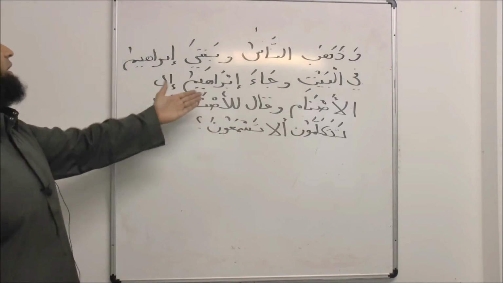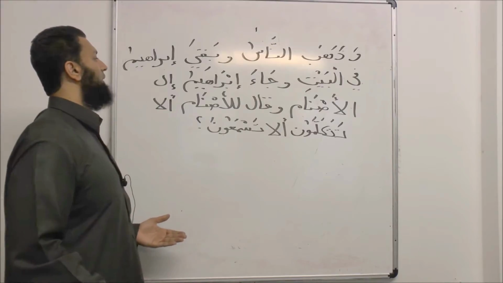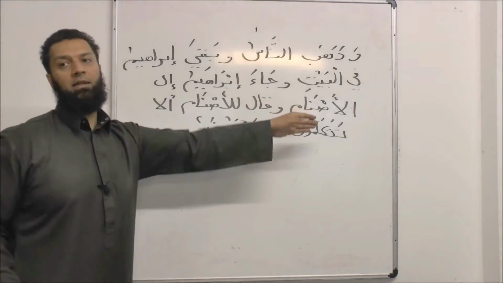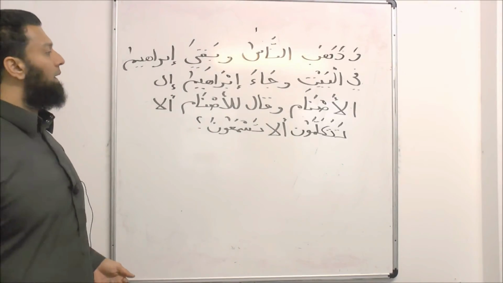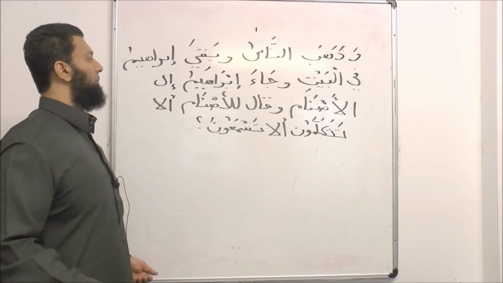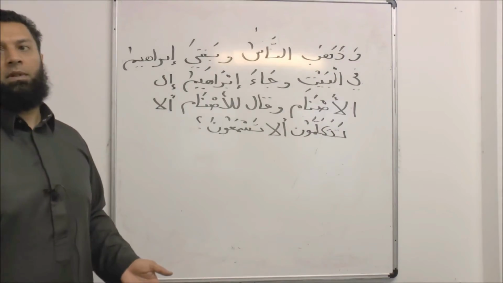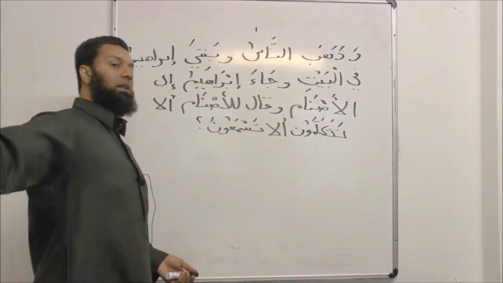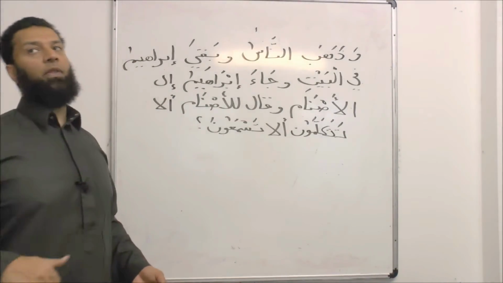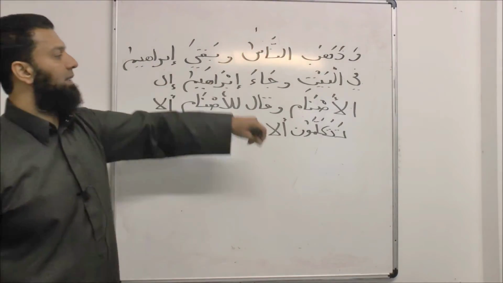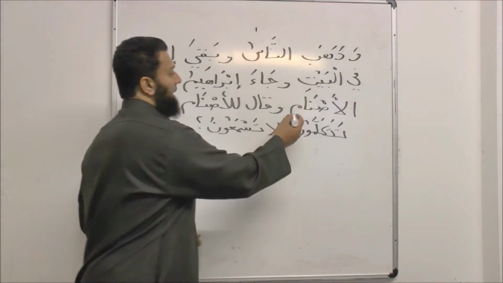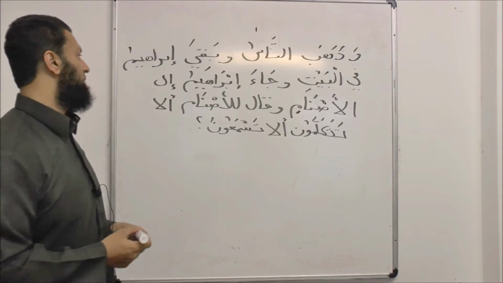Right, وجاء إبراهيم إلى الأصنام means Ibrahim came to the idols. Remember, جاء is he came, ذهب is he went. إلى الأصنام because it's the اسم مجرور.